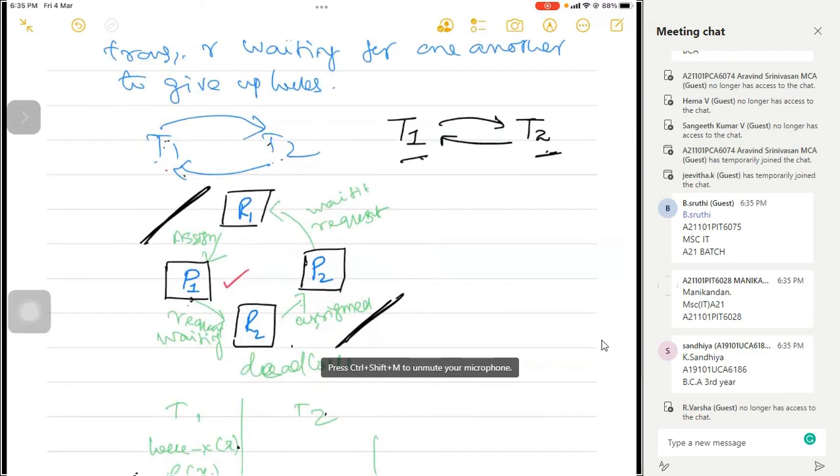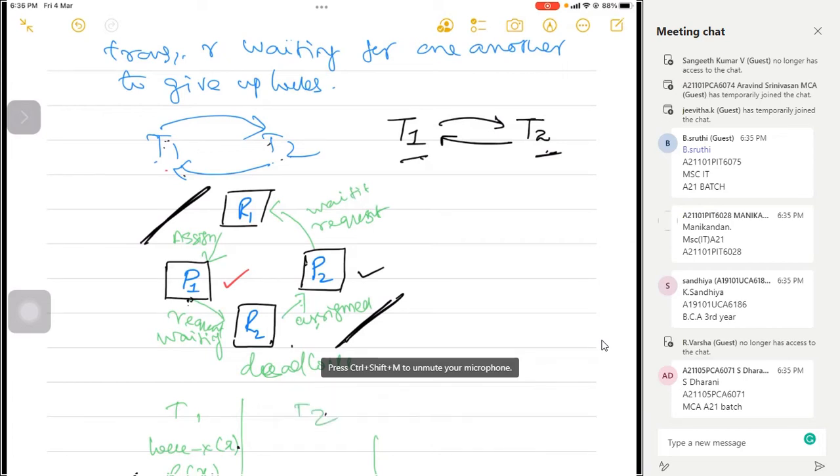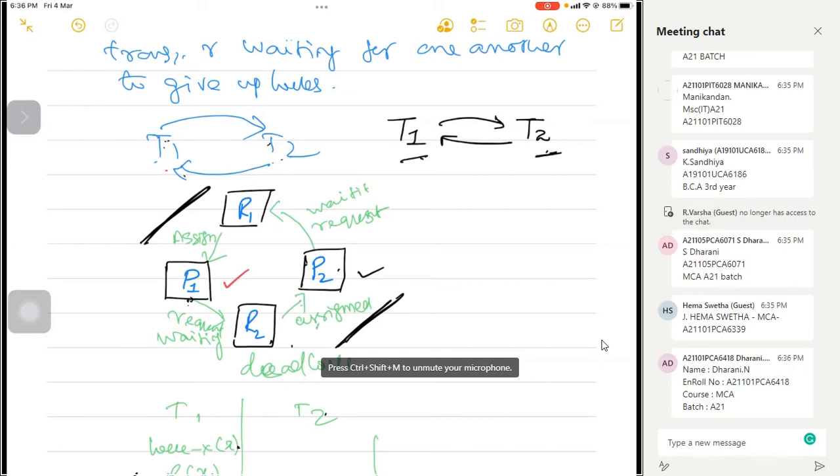One more example is given here. That is resource 1 and 2, P1 and P2 are the two processes. Actually, initially R1 is allotted for P1, R2 is allotted for P2. But even though P1 is acquiring the resource R1, it requests waiting for release of R2.